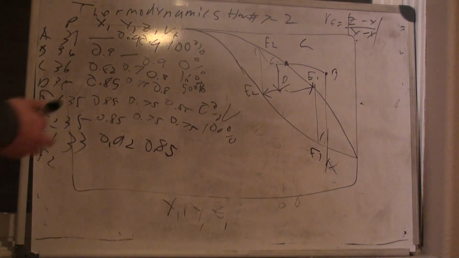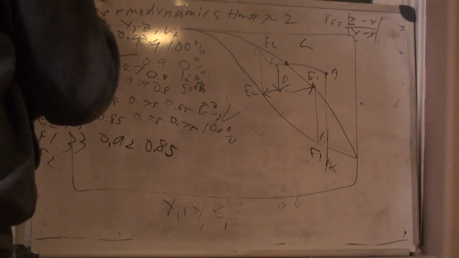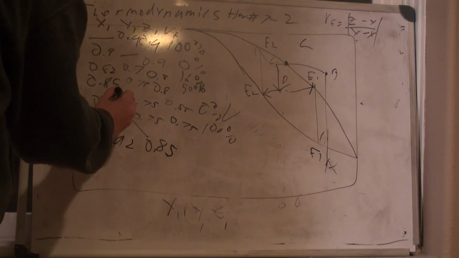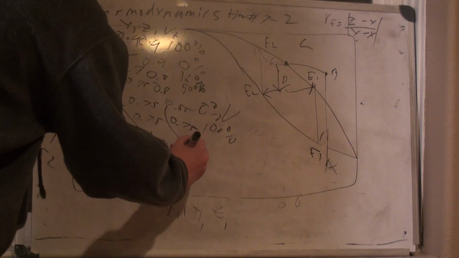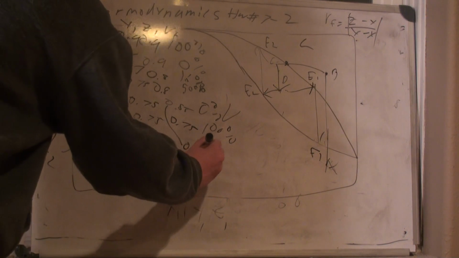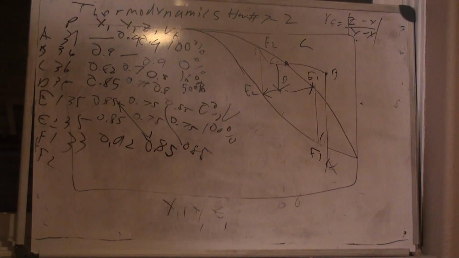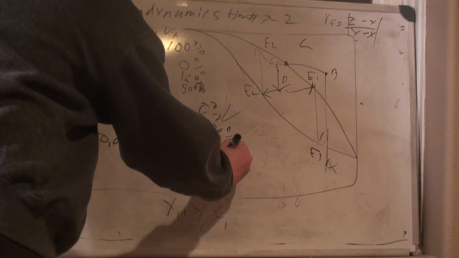Because this z didn't change, but all my liquid is now vapor. And so these should be exactly the same. And these should be exactly the same. And I said there's only one drop remaining, which means I'm at the dew point, which means I'm 100% vapor.